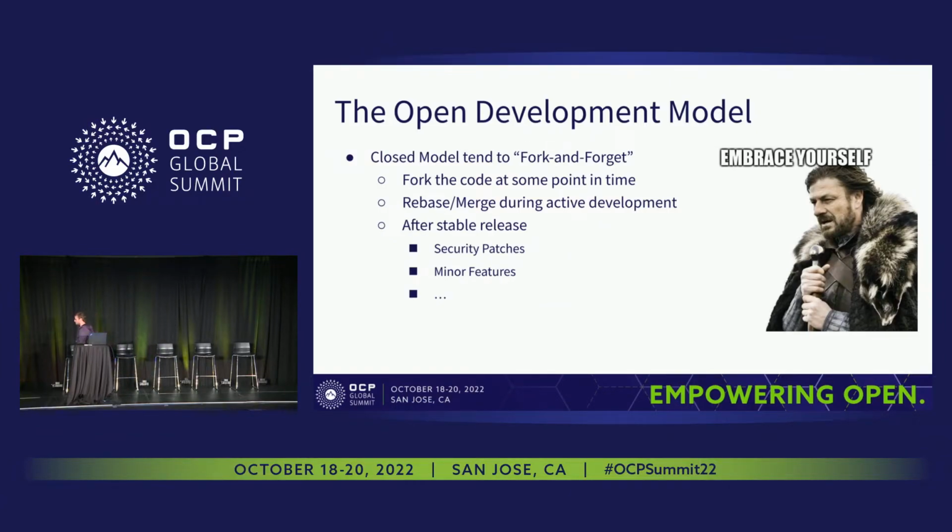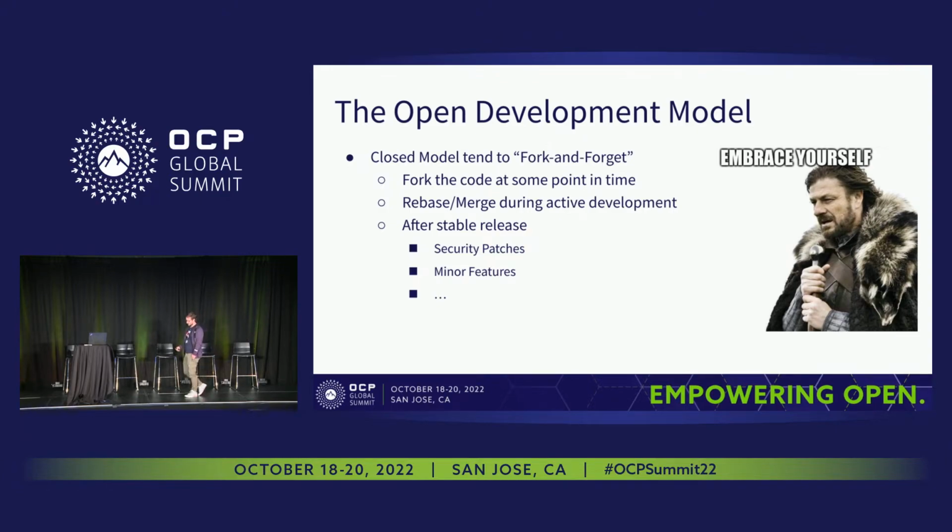The open development model. So what changes basically, right? With a closed development model, most of the time what you tend to do is a fork and forget model. So at some point in time you fork the code, basically. You get the reference code, you get code from your IBV, whatsoever, and work on that.